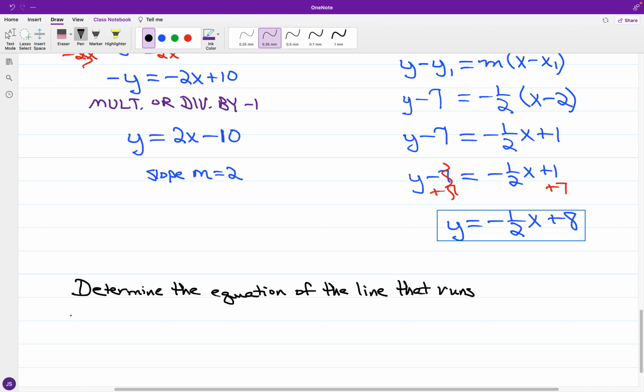Let's say we determine the equation of the line that runs through (3, 11), and we'll see what we have first of all.